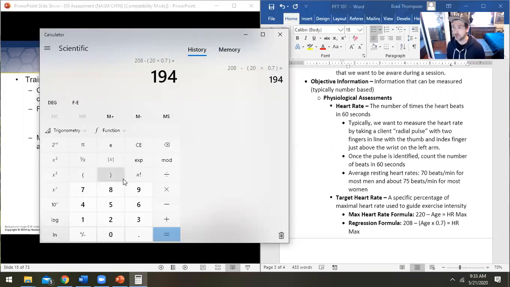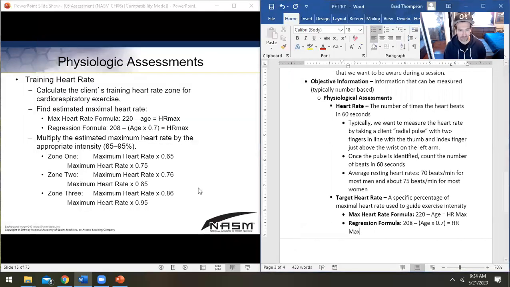If we did the classic version, it would just be 220 minus 20, which would give us a max heart rate of 200. So it gives us a little bit of a different number there.